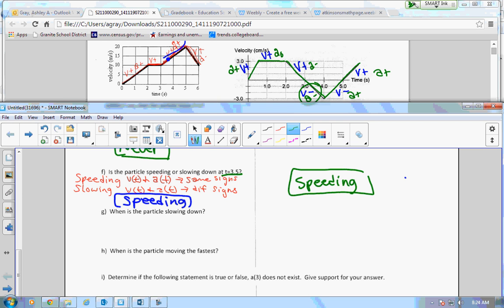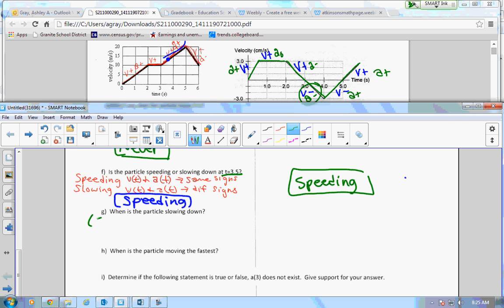G, when is the particle slowing down? We know it's slowing when acceleration and velocity are different signs. So go through, if you've marked it up already on the last problem, then it should be easy. Tell me when I get to a different section. Yeah, the very last one. When is the particle slowing down from 5 to 6?